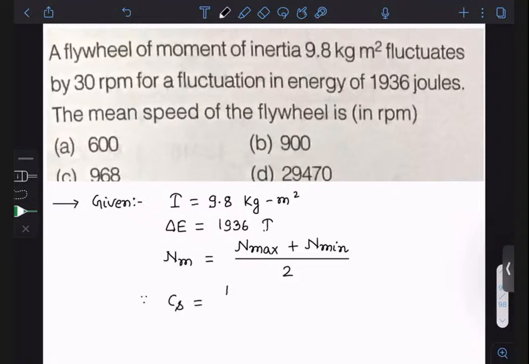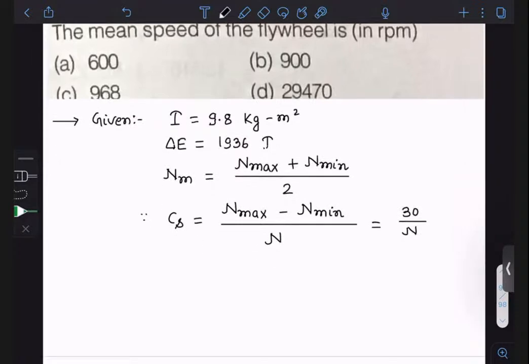Coefficient of fluctuation of speed. It is N max minus N min divided by N, so it is 30 by N. That is the fluctuation, 30. Correct, my dear?